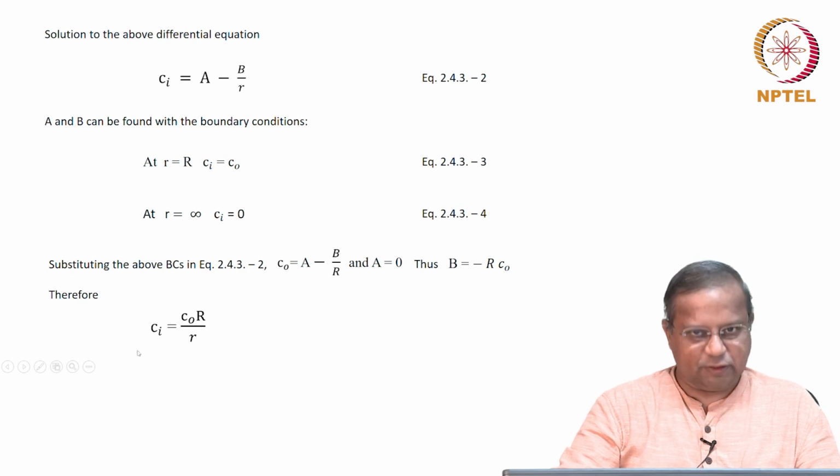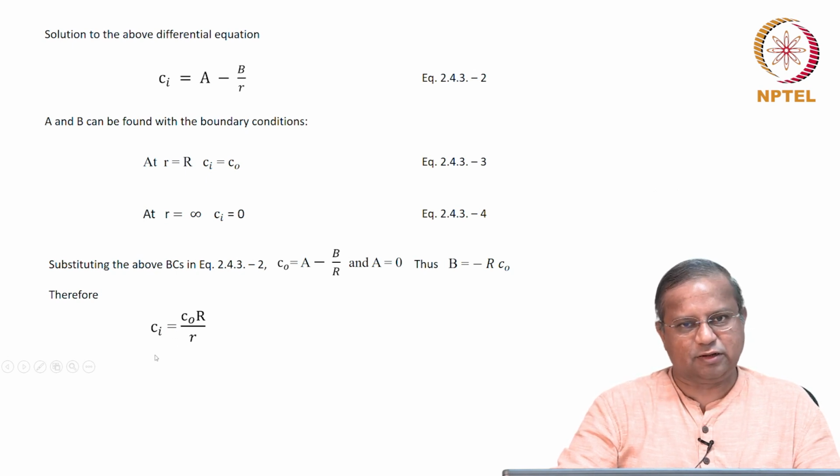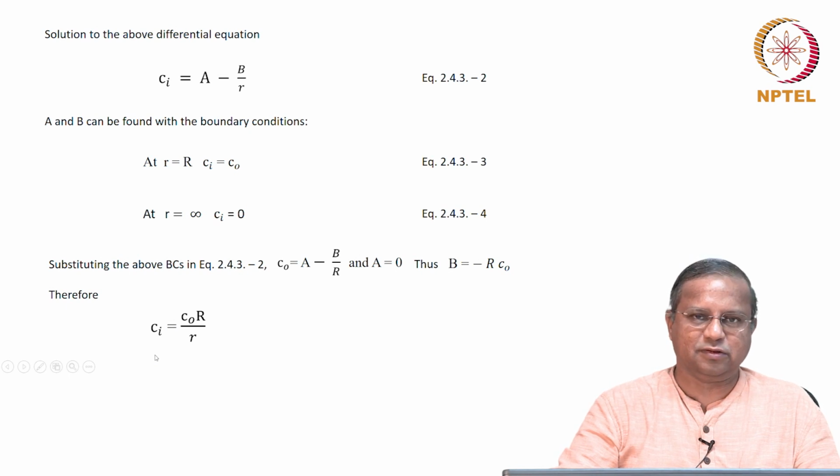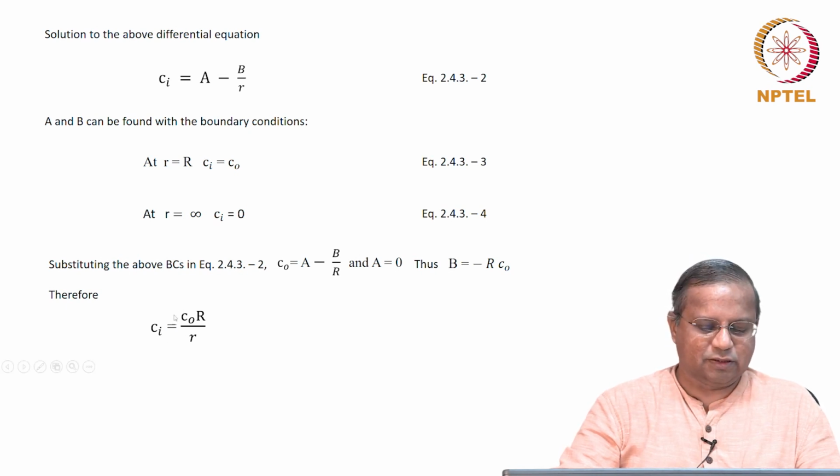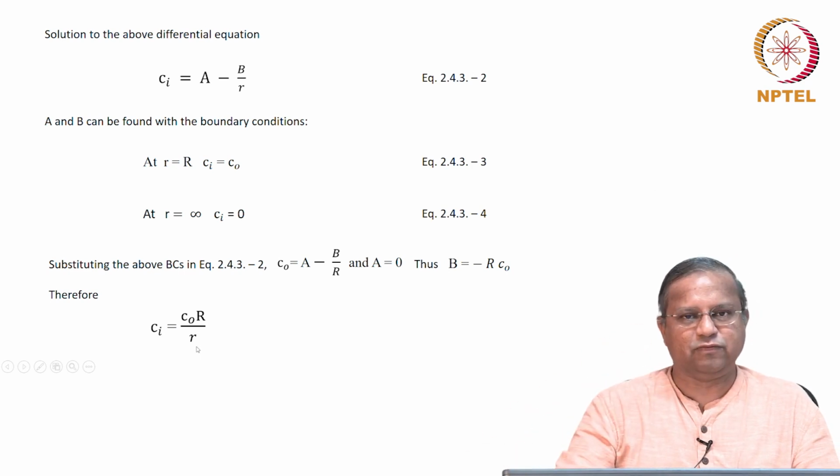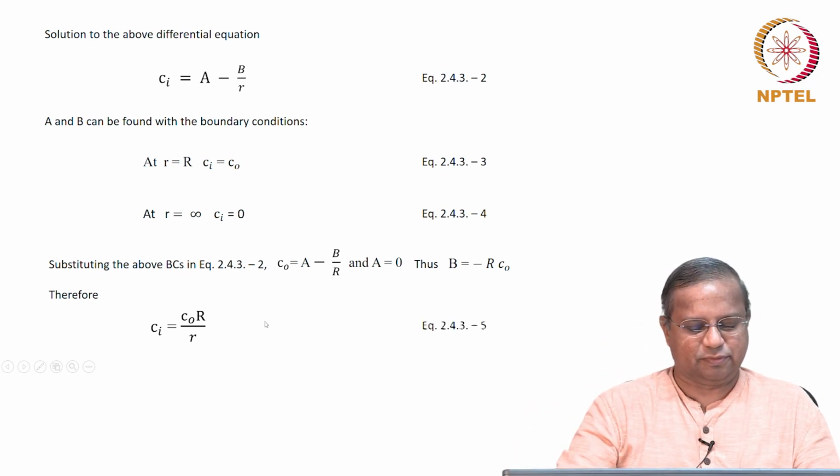Please plot this. C_0 is a constant, R is a constant. The small r is the variable here. Plot C_i versus r and see how it looks. That's quite a good exercise to do, to learn, to visualize how the variations are. We will call this 2.4.3-5.